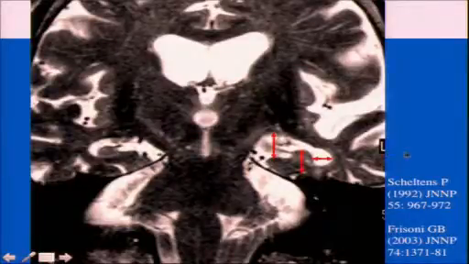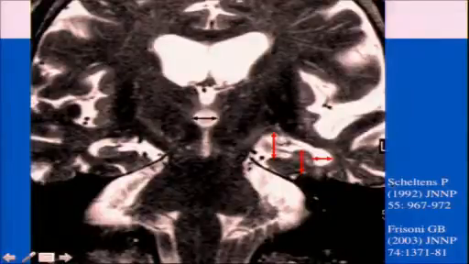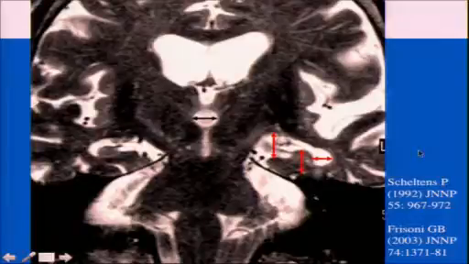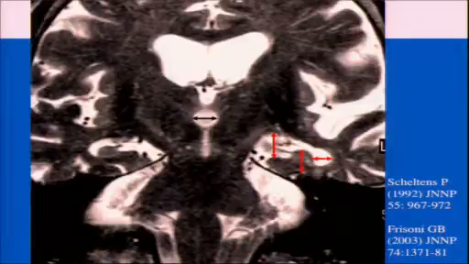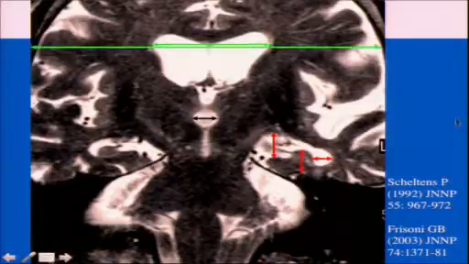And then you can measure different areas here, like the size of the temporal horn and the adjacent brain tissue. There are multiple planar measurements that have been described.